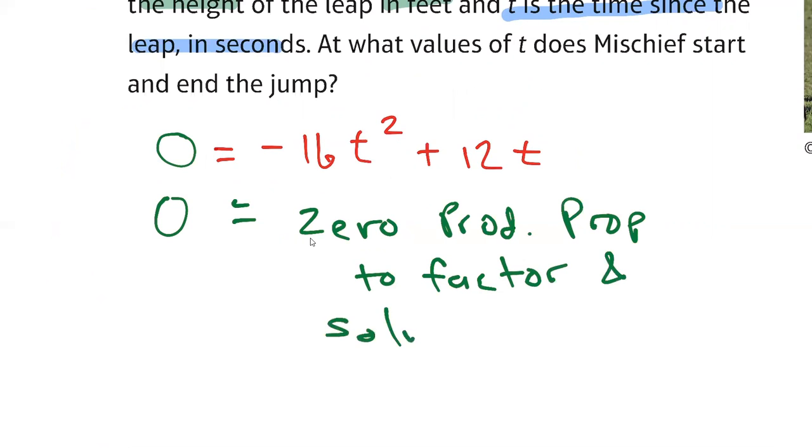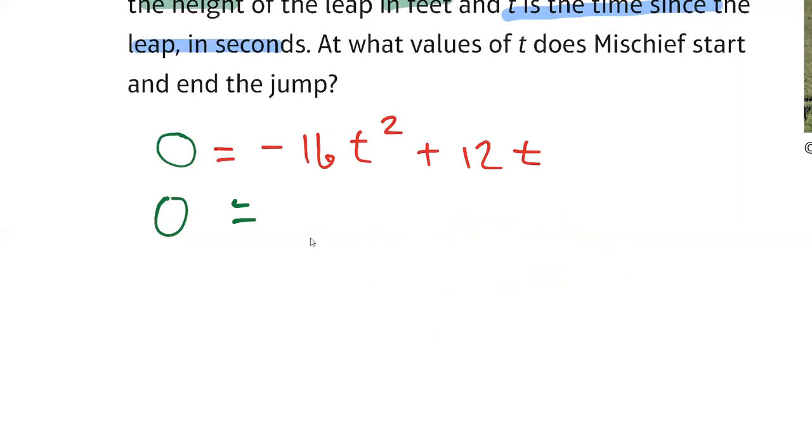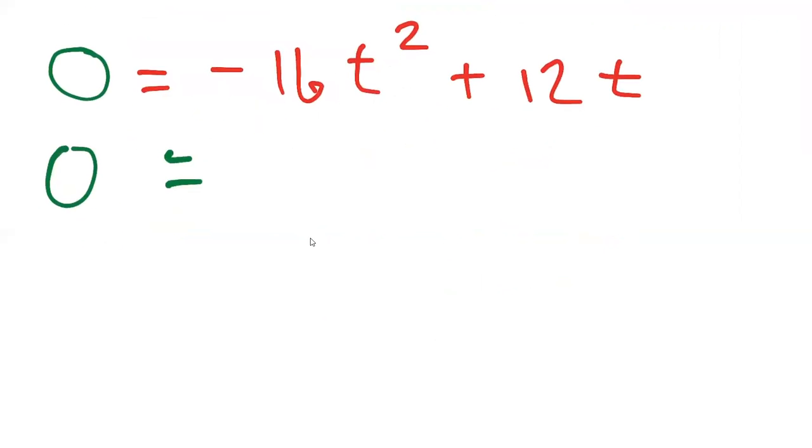So let's do that. What that means is I have to factor this right side down. I'm going to look for a GCF amongst these two terms. Notice that there aren't 3 terms here. There is no regular number, what we usually call a C value. So I don't have to worry about expanding the middle to factor by grouping, because I already have an even number of terms, a group of 2.